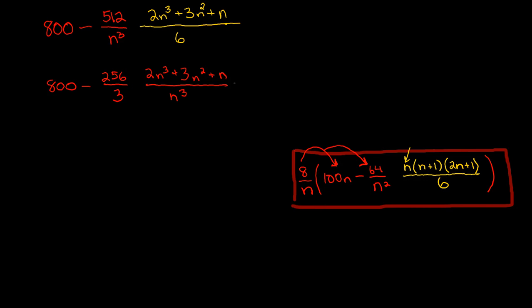And so, okay, I'm almost done. So my final simplification, my final answer, which we'll put up here, is going to be 800 minus 256 over 3, and then multiplied by, okay, let's see, 2n cubed divided by n cubed is just 2, and then we'll have plus 3 over n, because n squared divided by n cubed is 1 over n, and then plus 1 over n squared.